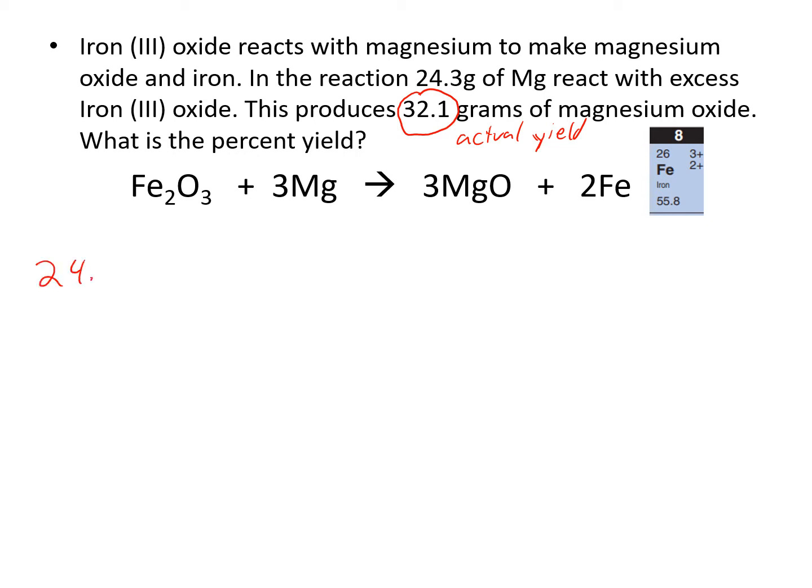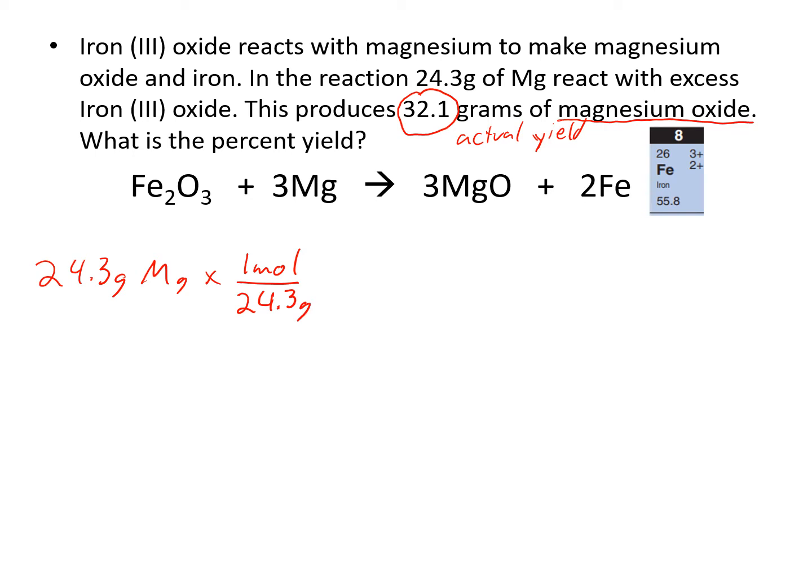So I'm going to use that 24.3 grams of magnesium, Mg, and I'm going to convert that into moles. And what I'm doing right here is converting it into magnesium oxide, so I can compare it to the magnesium oxide I got from my actual experimentation. Now I chose 24.3 because that is also the molar mass of magnesium.